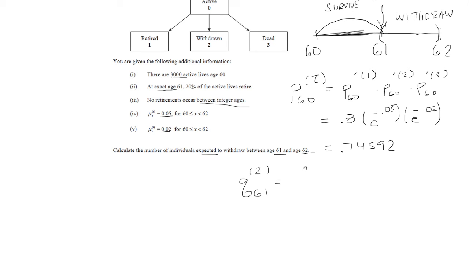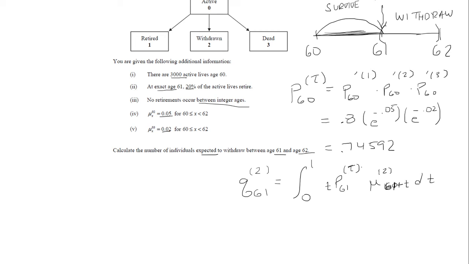So by definition, this is the integral from 0 to 1 of the total probability at age 61 of surviving, and then multiplying by the force of transition at age 61 plus t. Okay. So this is a key step. So we're looking at the total probability.